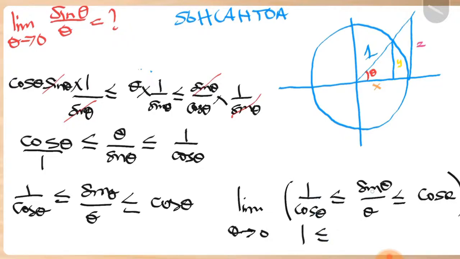Now we don't know the value of this limit, so we still leave it like that. Limit as theta approaches 0 of sin theta over theta. Of course, the limit as theta approaches 0 of cos theta is still 1.